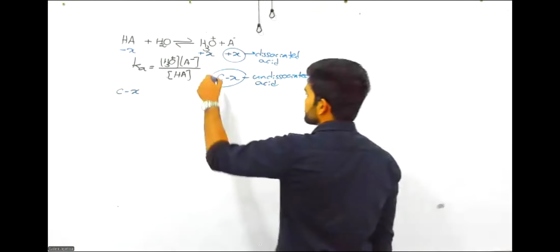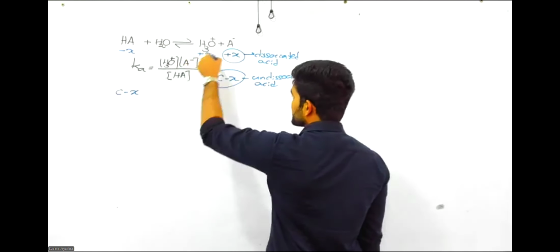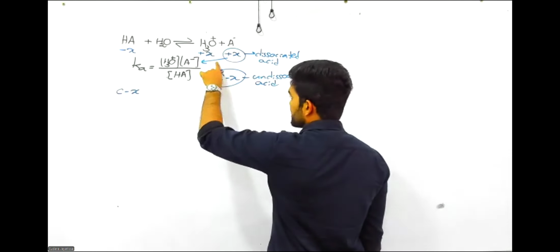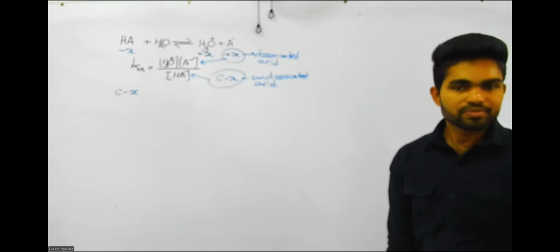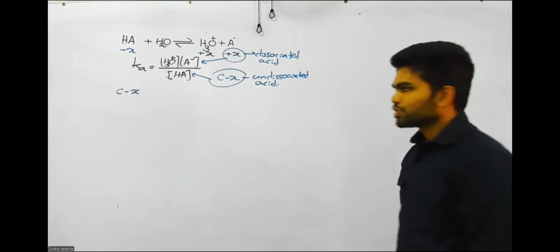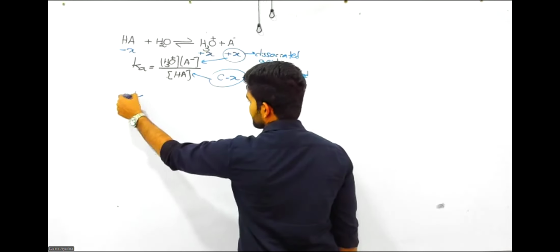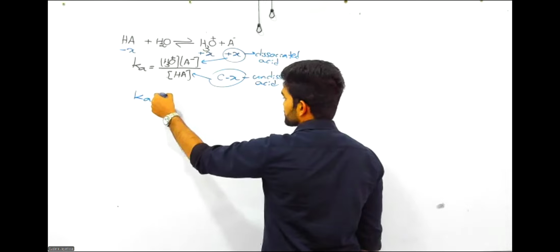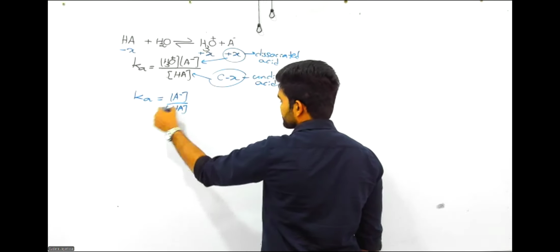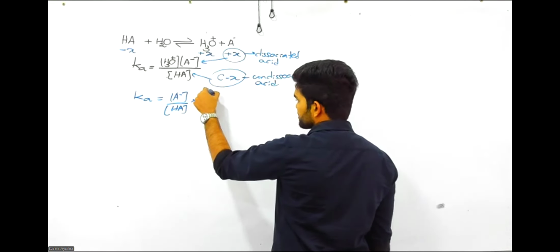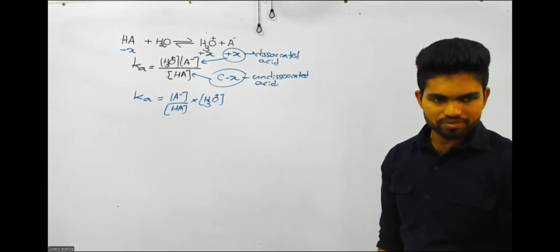So in this Ka expression, you can link them: A minus concentration and HA concentration. Now you can convert this. Ka equals A minus concentration over HA concentration, into H3O plus. You can change it like this, right?